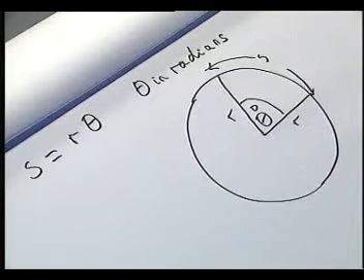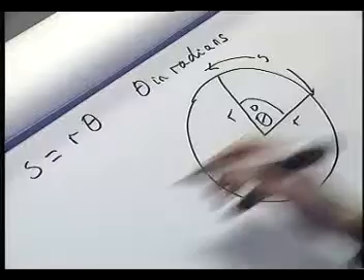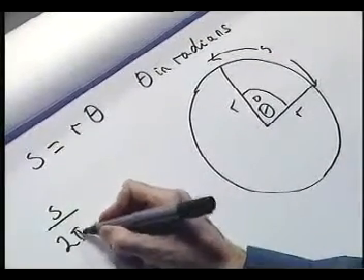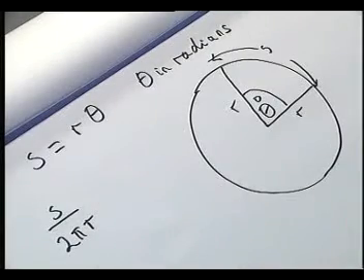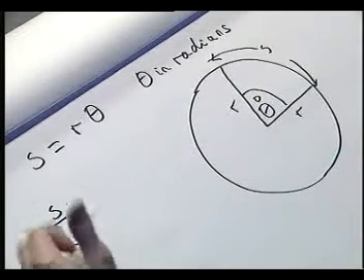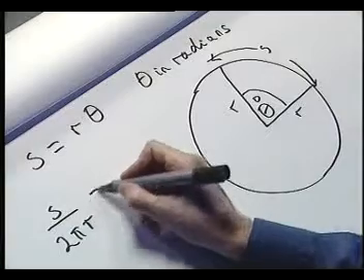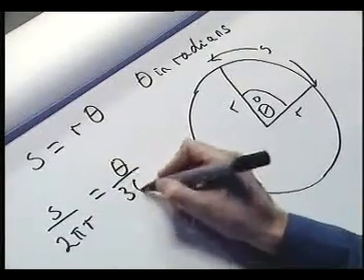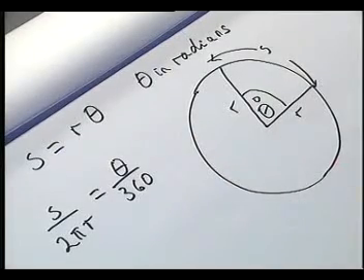So, what's our formula? Well, S must be a certain proportion of the whole circumference, S over 2 pi r. And the angle theta will be exactly the same proportion of 360.